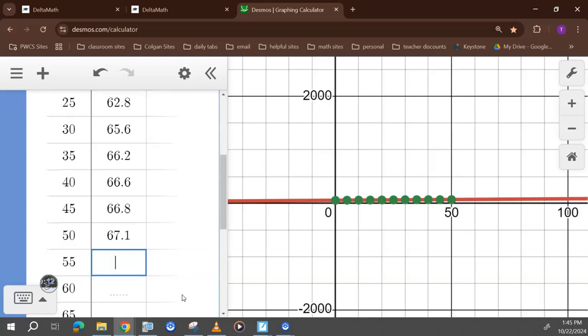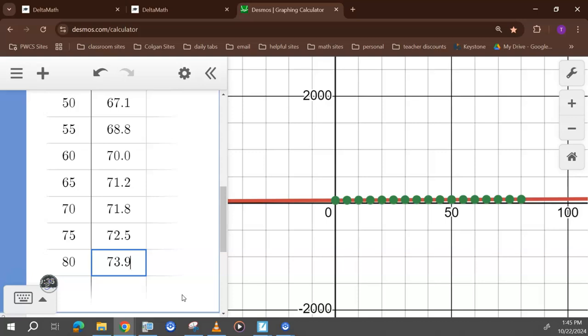Make sure your numbers match and line up.